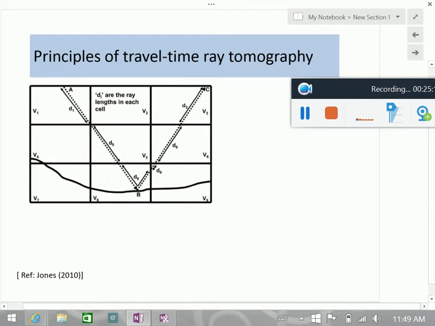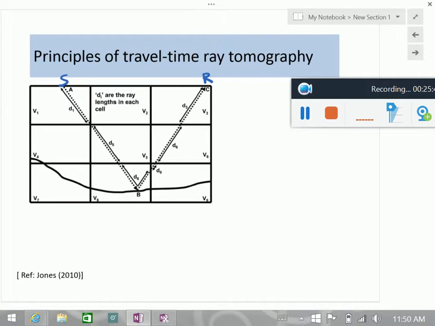Now, imagine that I have this kind of setting. This is more seismology, but it's exactly the same in NDE. So we have a source at A and a receiver at C. And we record a time. It's just travel time.